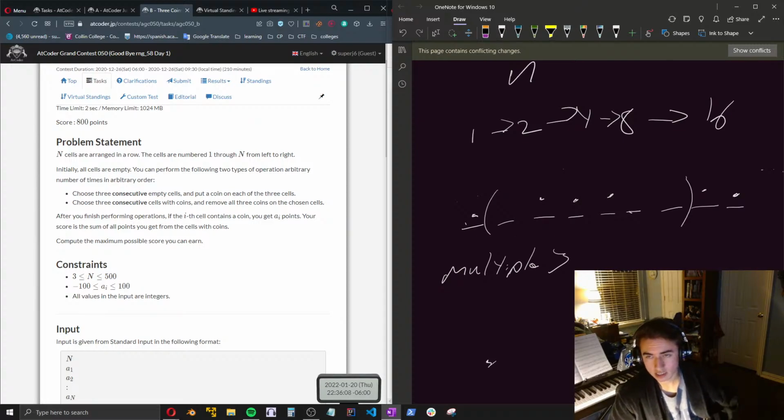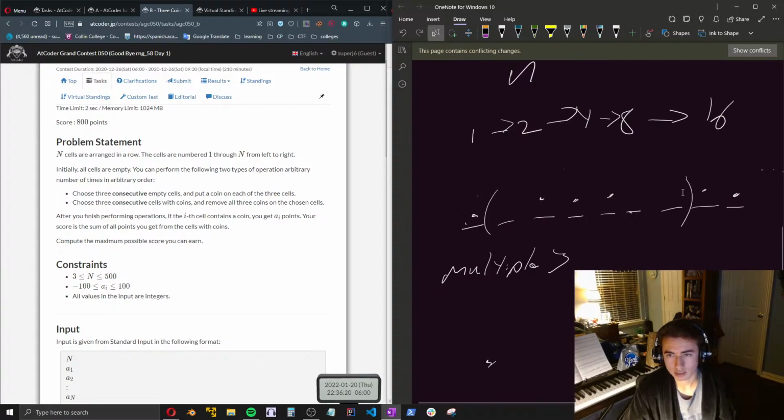This should lead us to some sort of range thinking. I think this is an idea. Alright, so it's like a range DP where you look at the insides, since this can be done completely independent of the outside. I think this is right.